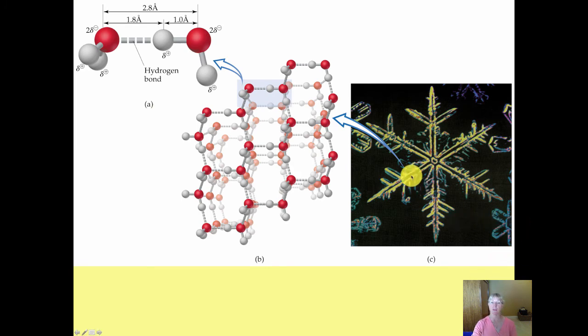Here's this section of this little snowflake. Here it is expanded, and we're going to focus on just this section here. When you look at the distances between water molecules in solid ice, they're farther apart than they are when they're in liquid water form. They're closer. So since there's less mass per unit of volume, the form of water that's solid, ice, is less dense than liquid.